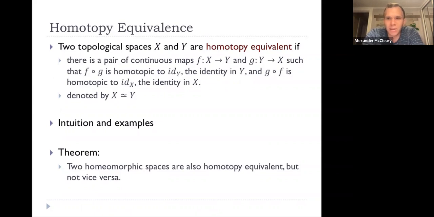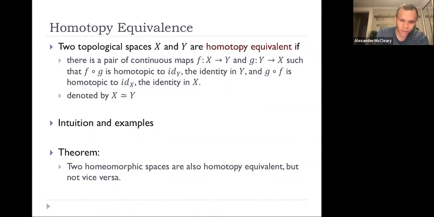And the way we do that is with homotopy equivalences. A homeomorphism was a continuous map that had a continuous inverse. With a homotopy equivalence, we don't require an actual inverse. Instead, it's a sort of pseudo inverse.